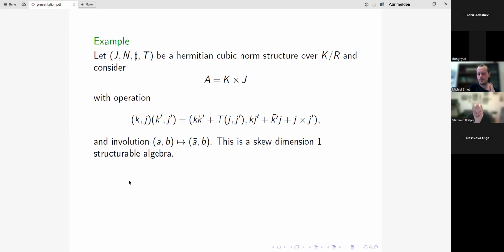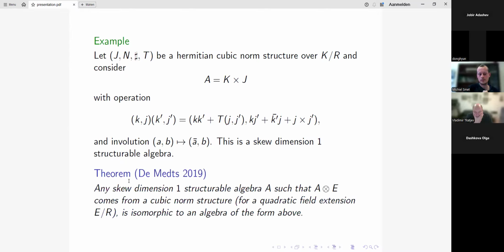And the involution is the involution of K, and you fix J. So this is a skew dimension one structurable algebra. And what you can show is that any skew dimension one algebra such that A tensor K comes from a cubic norm structure after taking a quadratic field extension is isomorphic to an algebra coming from a Hermitian cubic norm structure.